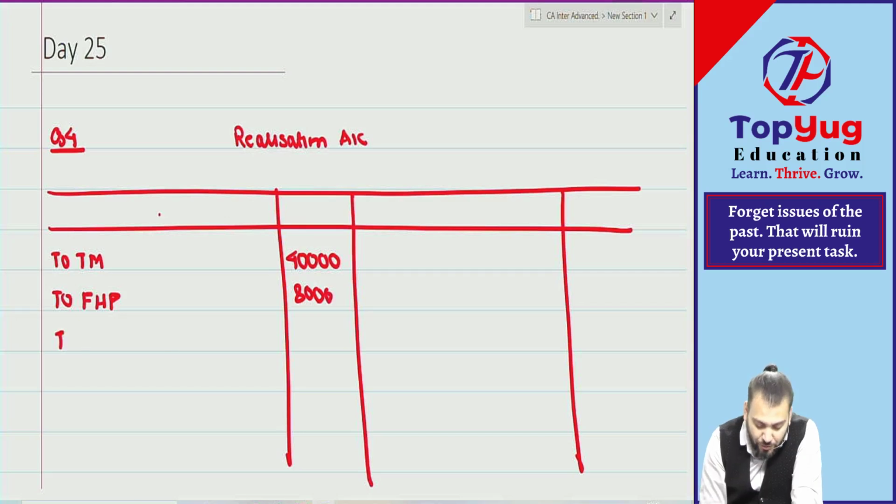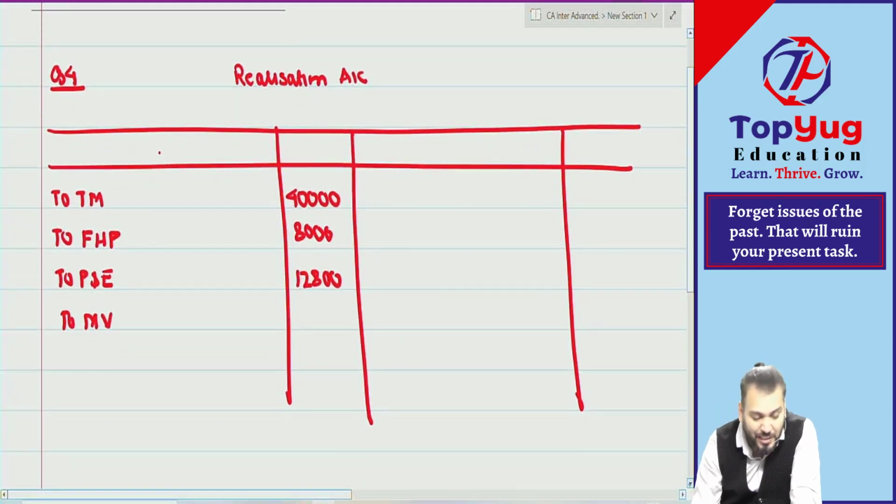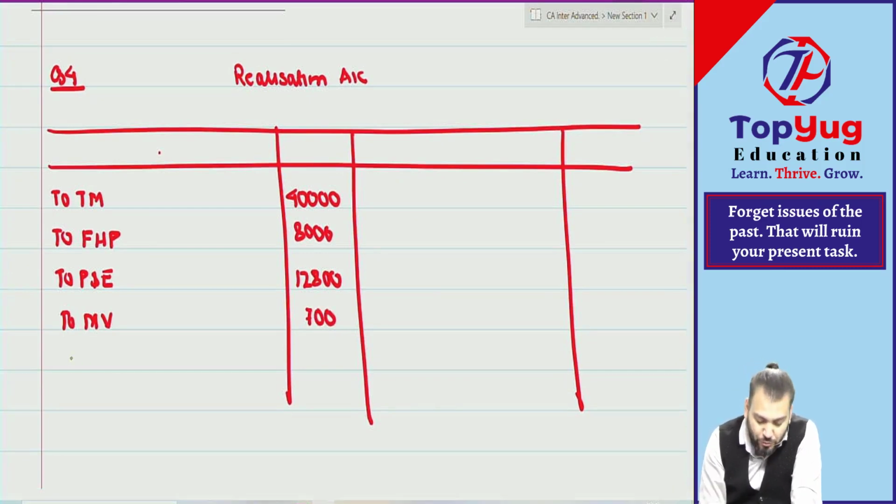To plant and equipment, it is 12,800. To motor vehicle. It will be transferred to realization even though taken over by some partner. 700. Then to stock. It is how much? 3,900.